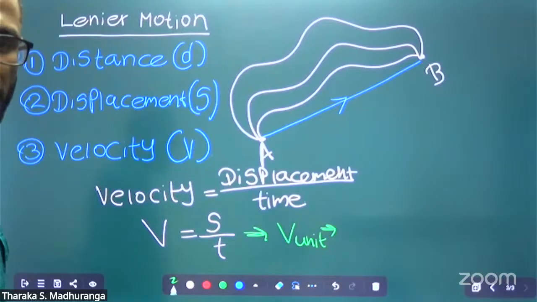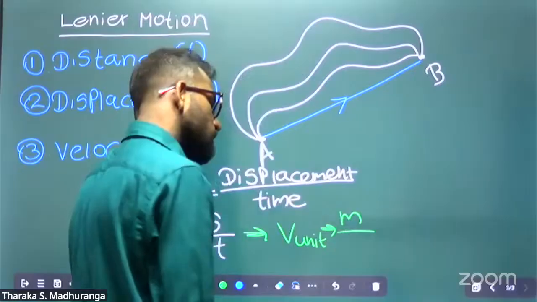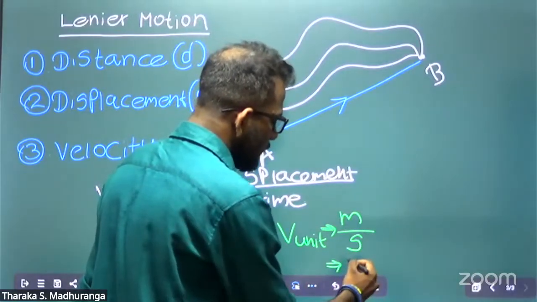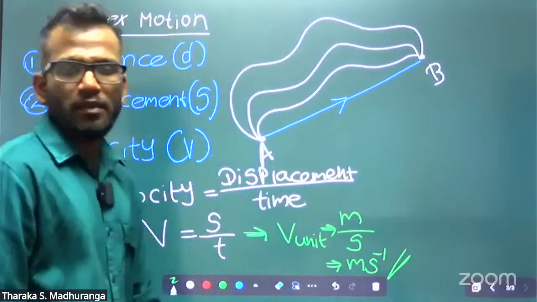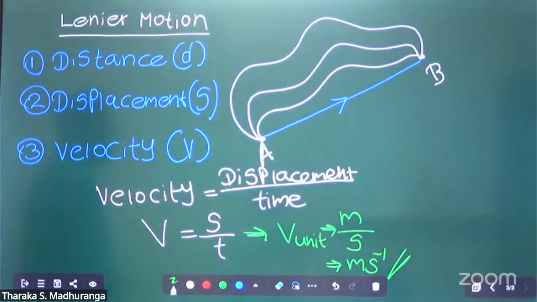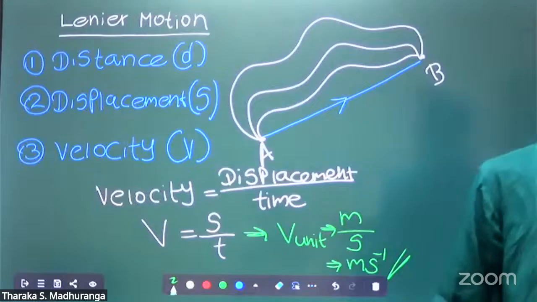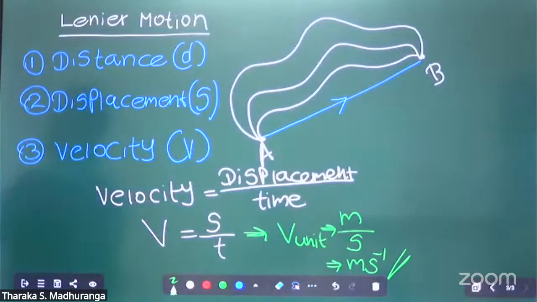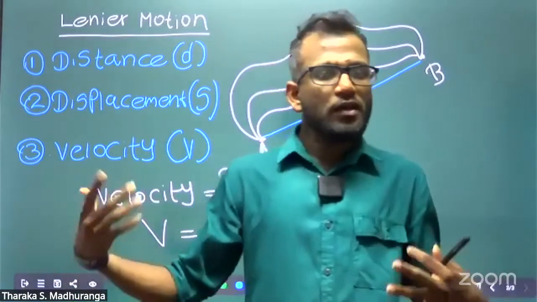The displacement unit is meters, the time unit is seconds, so the unit is m s minus 1. Meters per second. Okay, that's about it.